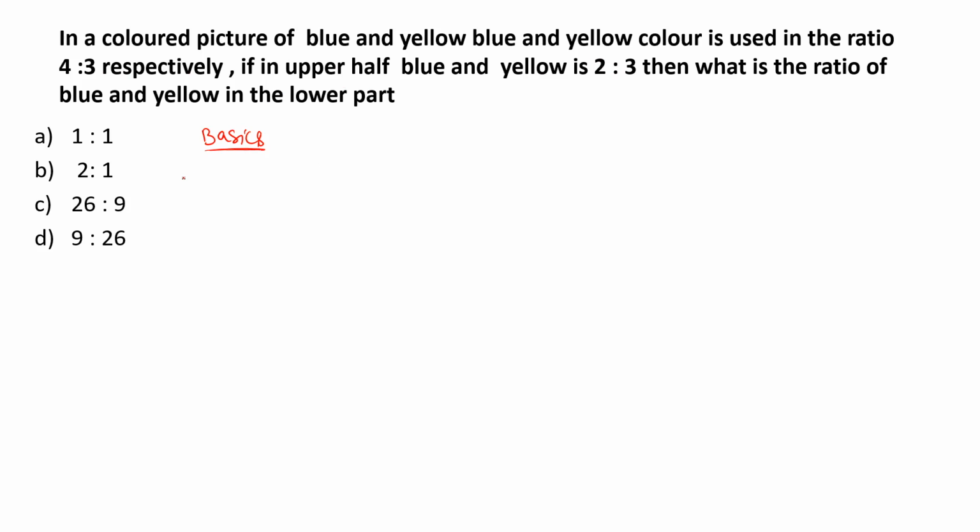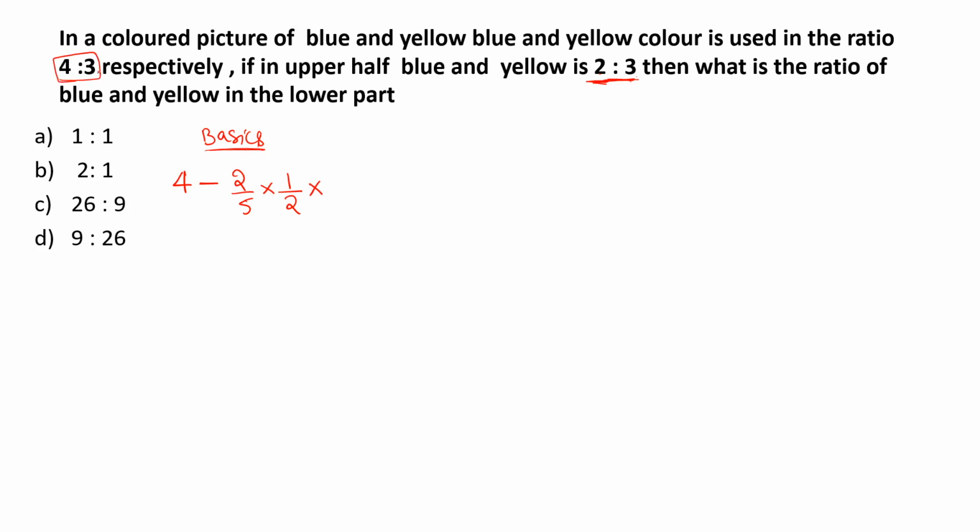That means the total amount of blue was 4. Out of that, subtract what we have already used in the upper part, that is 2. In this ratio, 2 indicates the blue, 2 out of 5 of the half portion of the picture, and the total amount of the picture would be 7. Why?